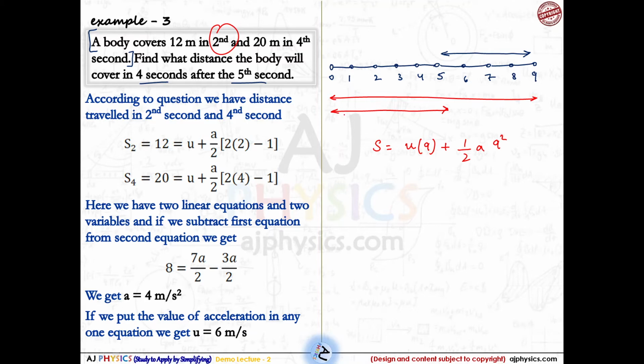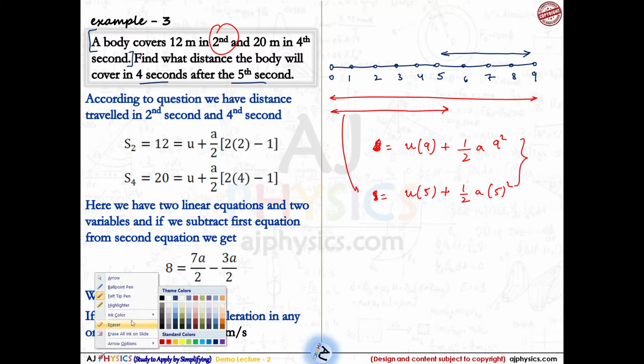And for this one, the distance covered is equal to u multiplied by 5 plus half a multiplied by 5 square. So when you subtract these two equations, you will definitely get your answer.